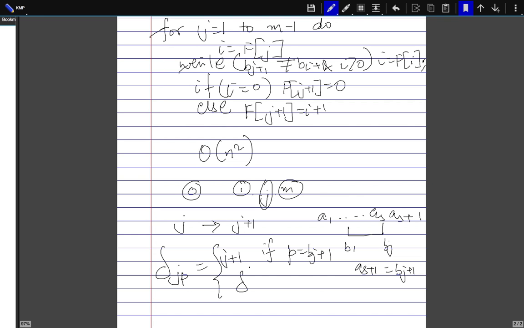So we need to just recursively find another automaton which allows us to jump from fj to the pth position for cases other than the first one.